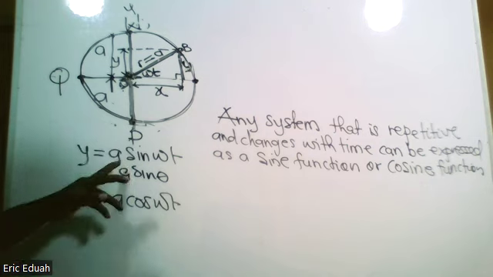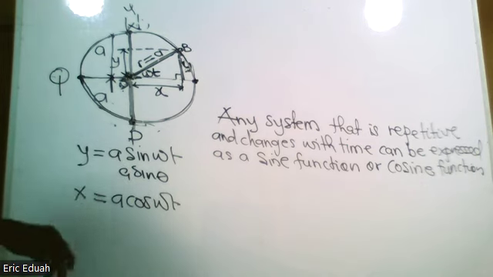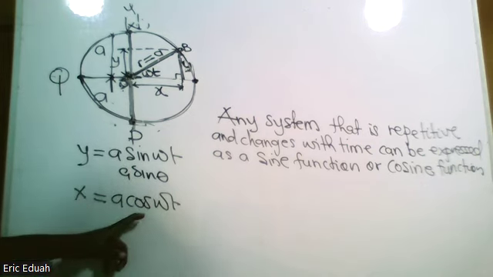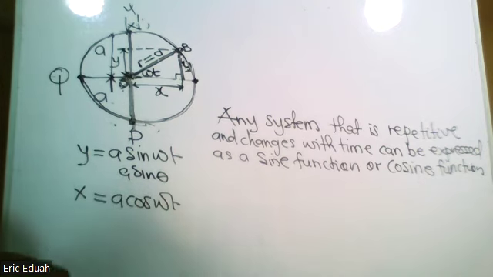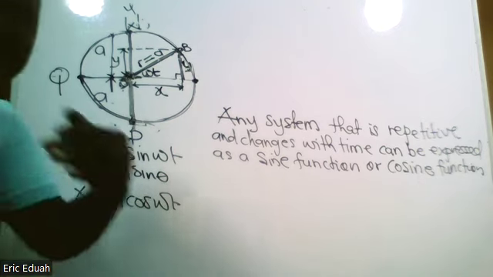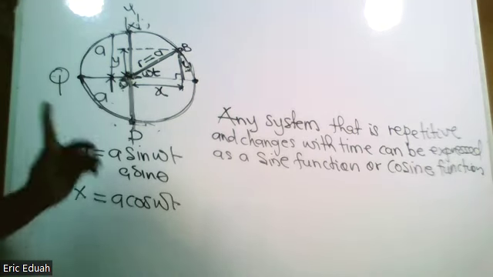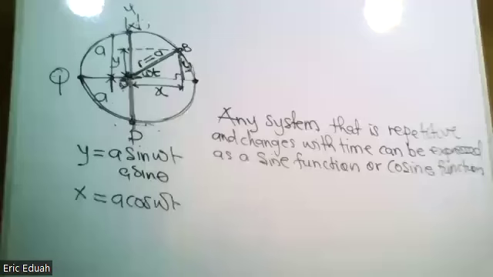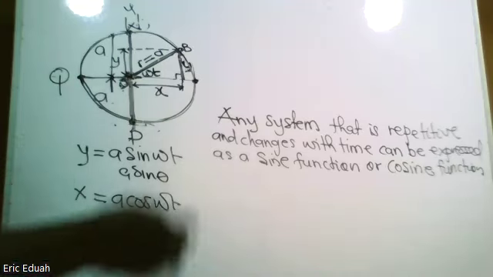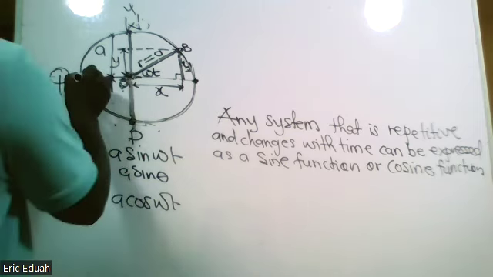So if you see an equation expressed as a sine or cosine, then it means it is something that is repetitive or changes with time. So we can even express whatever we are seeing as a cosine function to indicate that simple harmonic motion.